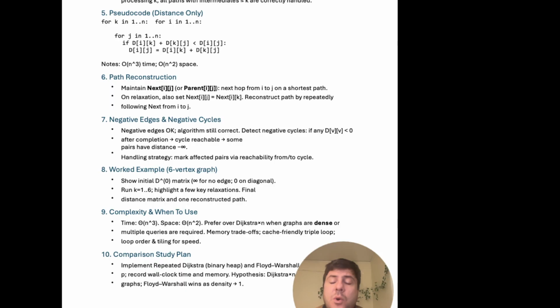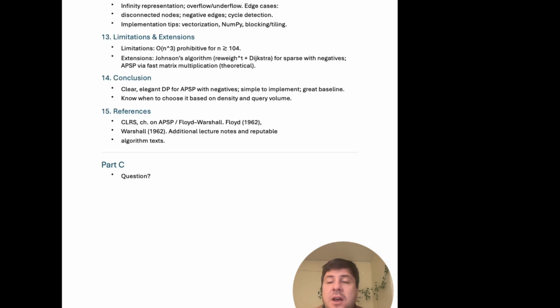Negative costs by themselves are fine. After all the rounds finish, we look at the diagonal of the cost table. If any diagonal value is negative, that means there is a reachable loop with a negative total cost.